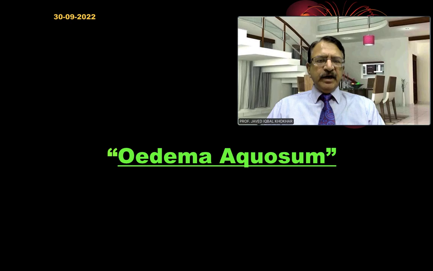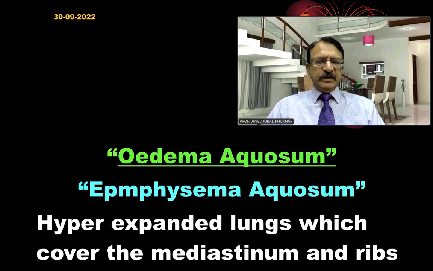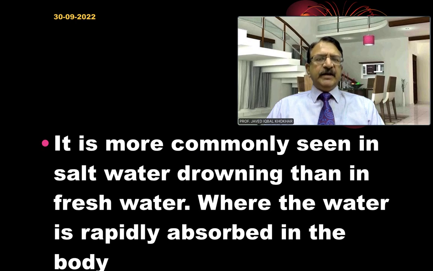Then the edema aqueous or the emphysema aqueous: expanded lungs which cover the mediastinum and the ribs. And it is more commonly seen in salt water drowning than in freshwater drowning, where the water is rapidly absorbed in the body.